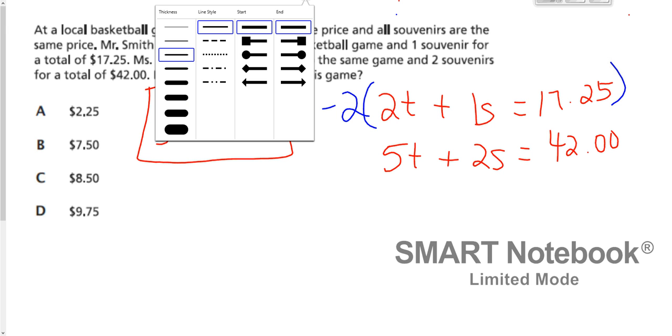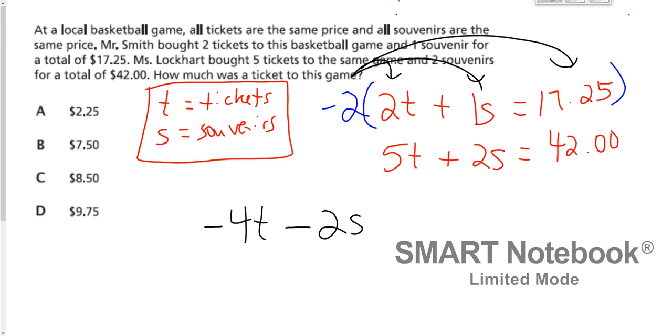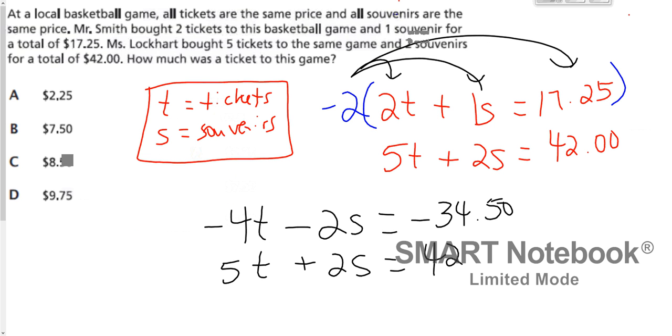So I'm going to multiply this, and I'm going to rewrite it underneath. So I'm going to do the distributive property, making sure I multiply everything by that. So I get negative 4t minus 2s equals negative 34.50. The other equation we didn't touch, so I'm going to leave it exactly the same. Equals 42.